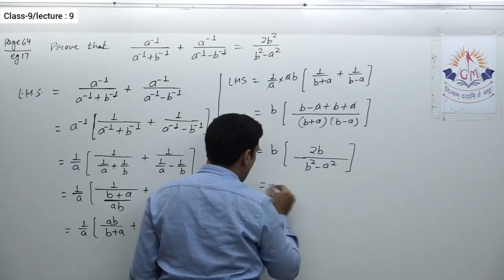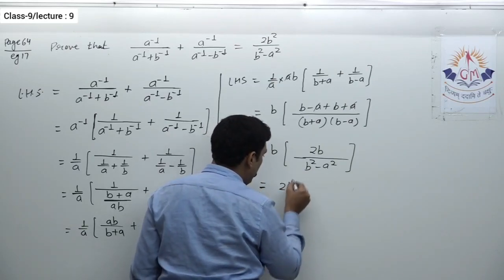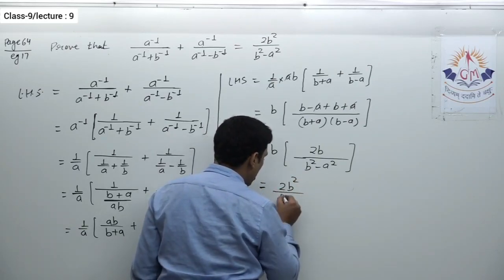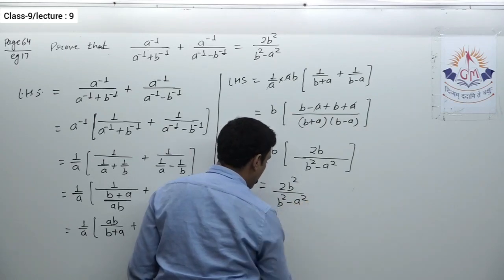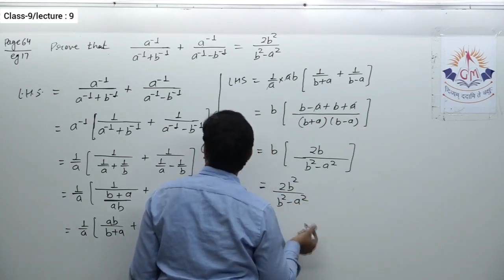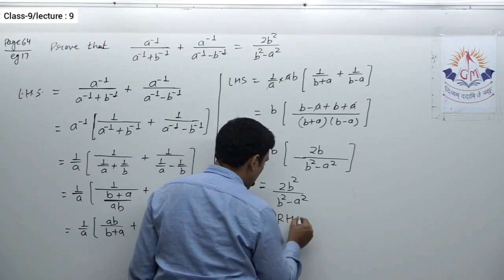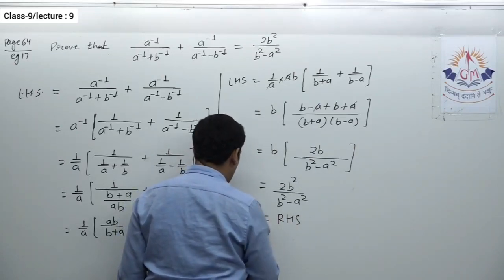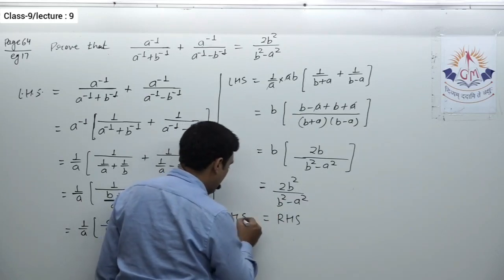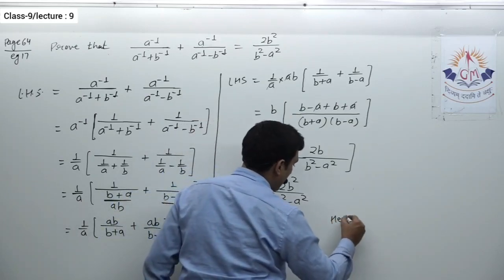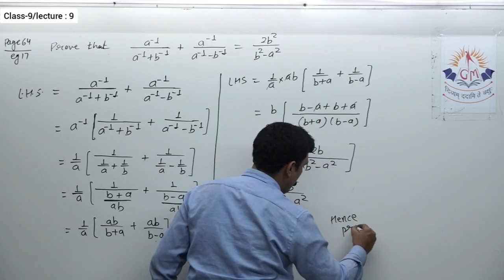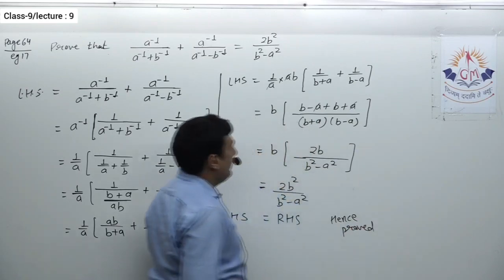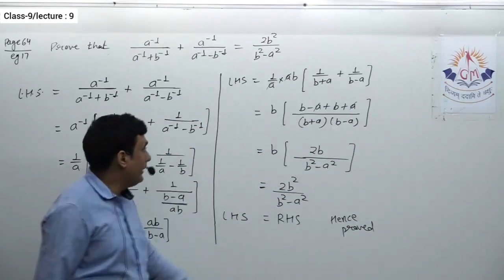Ultimately I will get 2b square upon b square minus a square, which is actually equal to the right hand side, RHS. So LHS is equal to RHS. Left hand side is equal to right hand side, so I write hence proved, or HP. I hope this is clear to you.